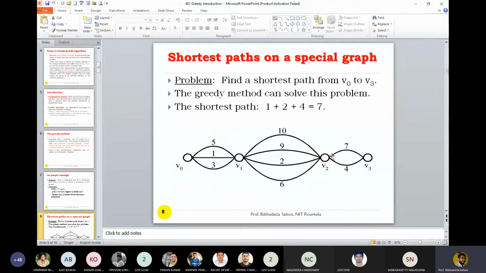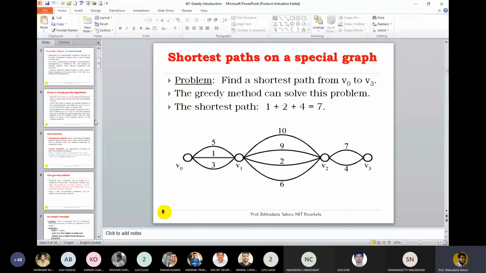But if I examine all alternatives, 5 along with all these 4, 1 along with all these 4, 3 along with all these 4 choices, and then evaluate which is the best path from V0 to V2, that is dynamic programming. In greedy, whatever choice we have made is a part of the solution. Okay.